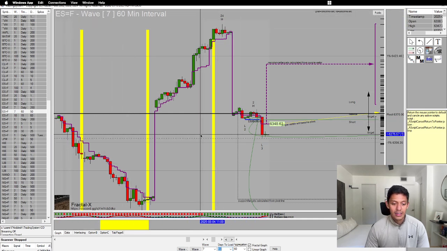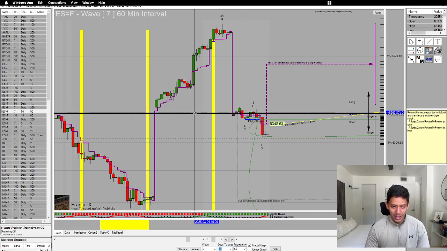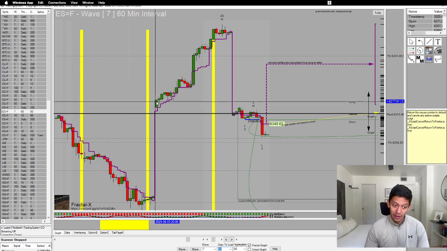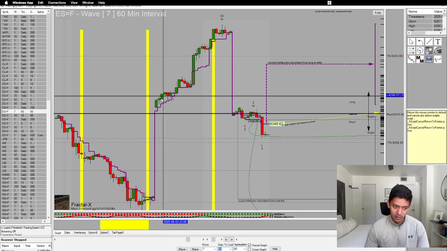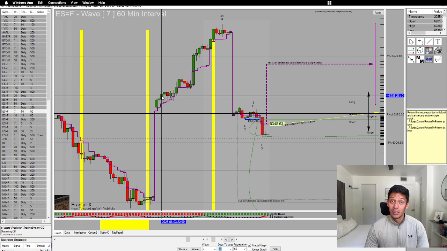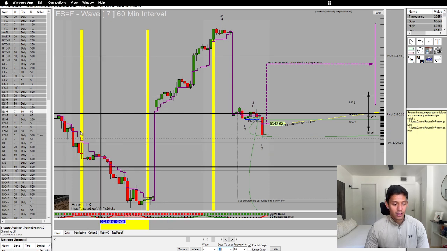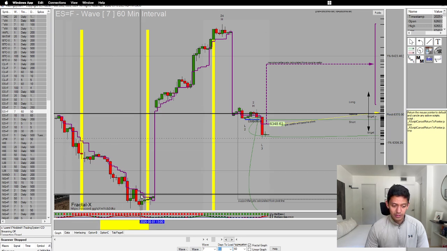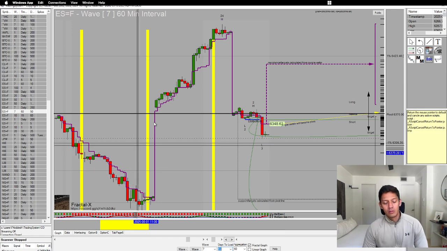There's this middle black line, which we're going to consider like the water wave illustration, the surface level. When price moves above, these are hourly candlesticks, when price moves above, we have started a long cycle. When price moves below, we have started a short cycle. That's very helpful.